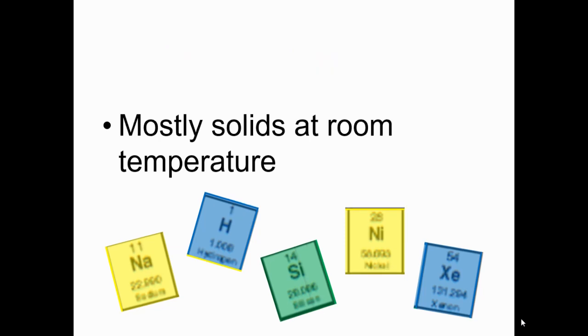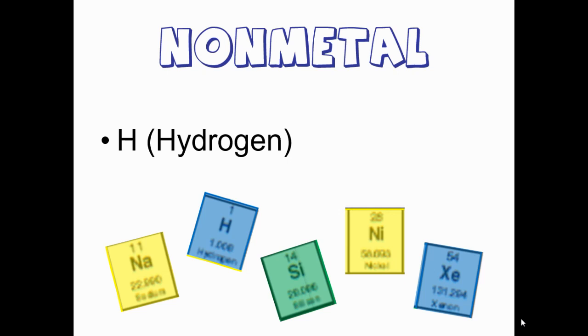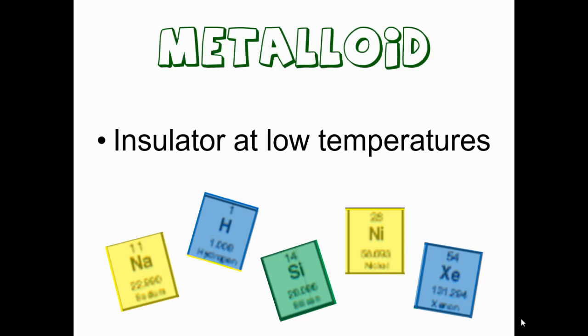Elements that are mostly solids at room temperature are metals. Hydrogen is an example of a nonmetal. Elements that are insulators at low temperatures are metalloids.